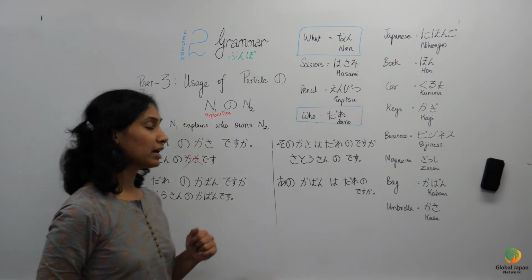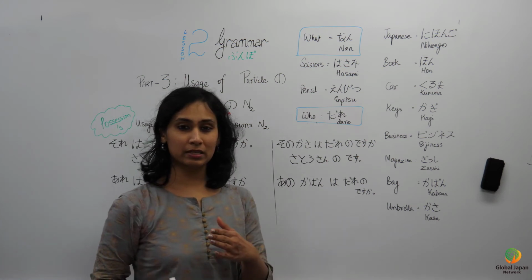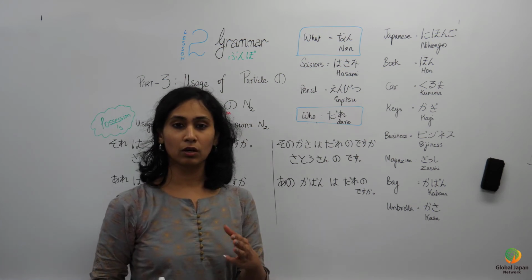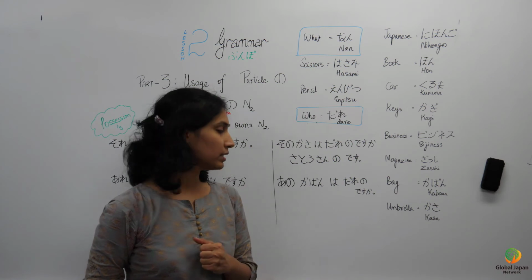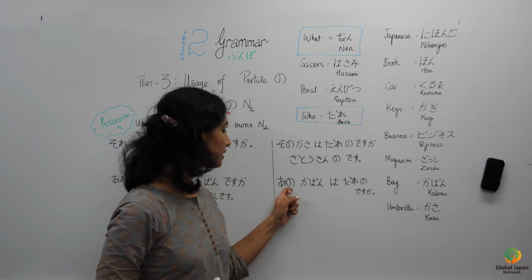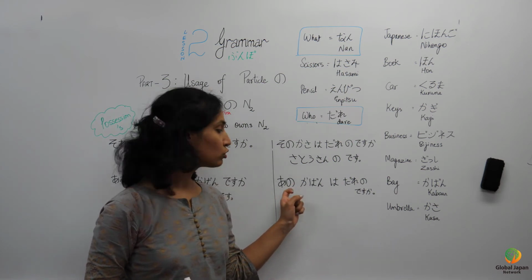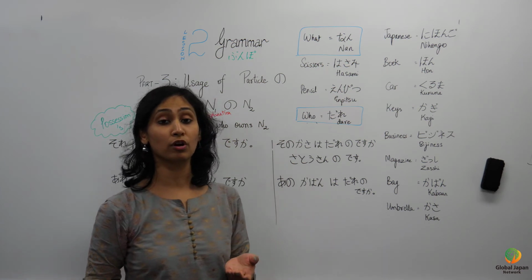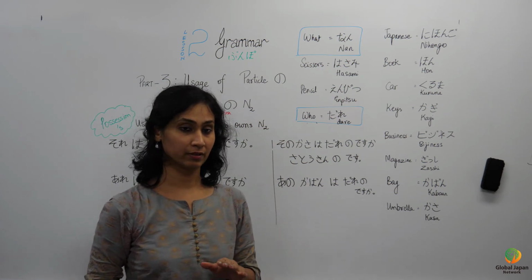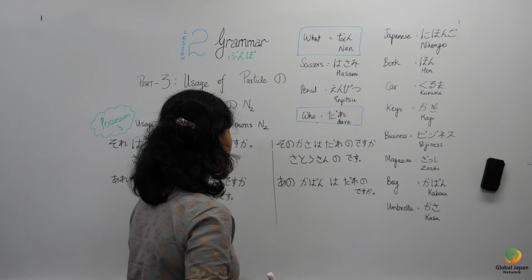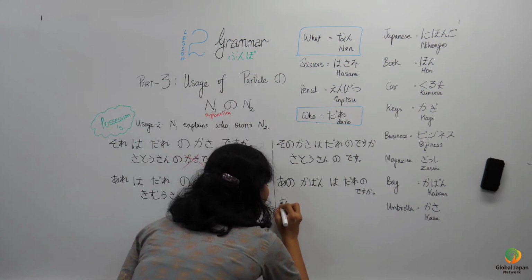And if you remember, I told you in the discussion of the Kono, Sono, Ano, Dono series that this demonstrative can be used not only for object but also for person. Let me frame out a sentence with person.